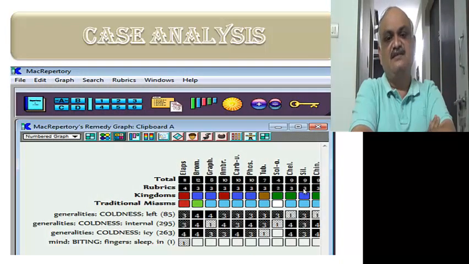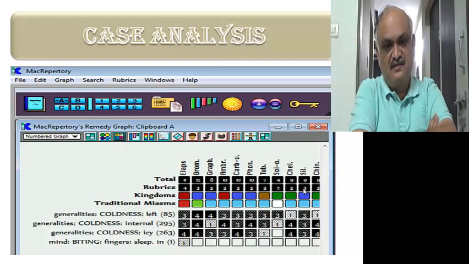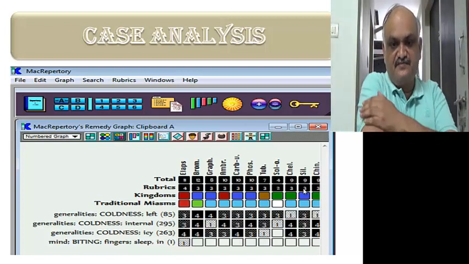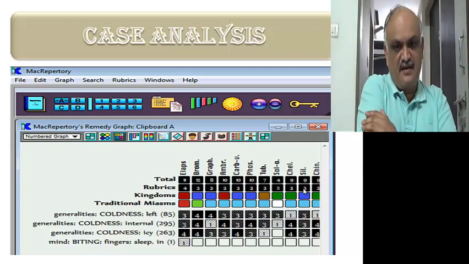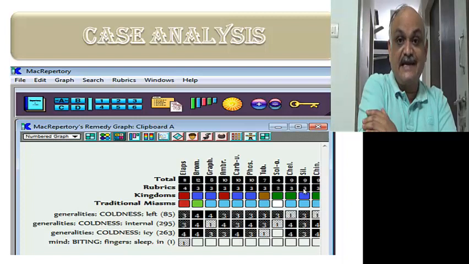Now I have selected these rubrics from the MAC repertory. Here coldness is in general, that's why I selected it in generality. Coldness left side, coldness internal, coldness icy, and this biting symptom I had added.